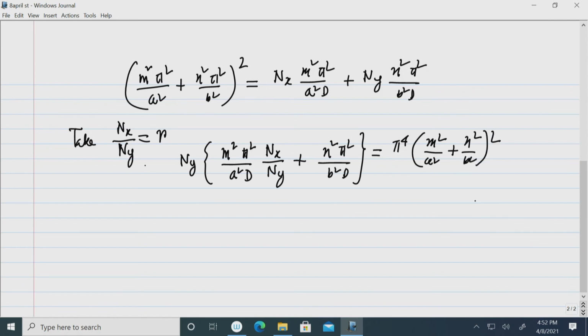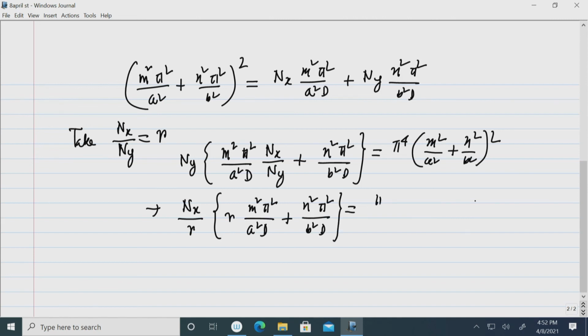Now, taking N_x by N_y equal to r, I can transform this equation as N_x by r, then r m² π² by a² D plus n² π² by b² D, and this side is π⁴ times (m² by a² plus n² by b²) whole squared. Now, our target is to find N_x.